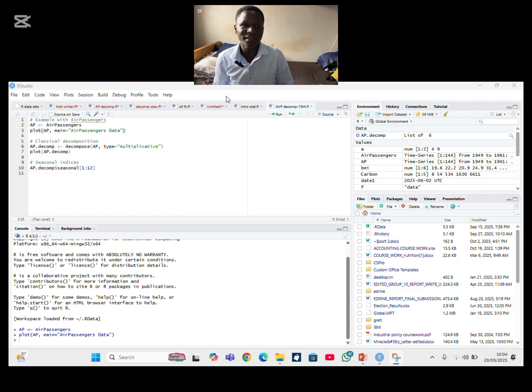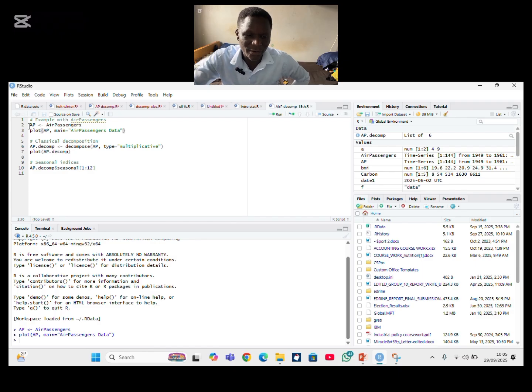And why should this be of interest? This should be of interest because when you visualize this dataset, you will see a repeated pattern of passengers on the different months. So, to illustrate it, I've already written the code here in our script, and I've loaded it already.